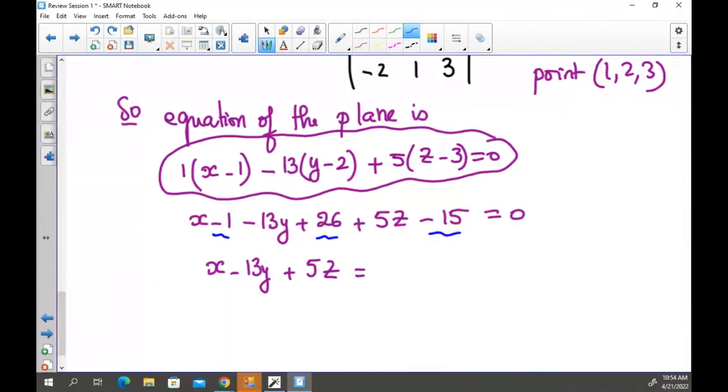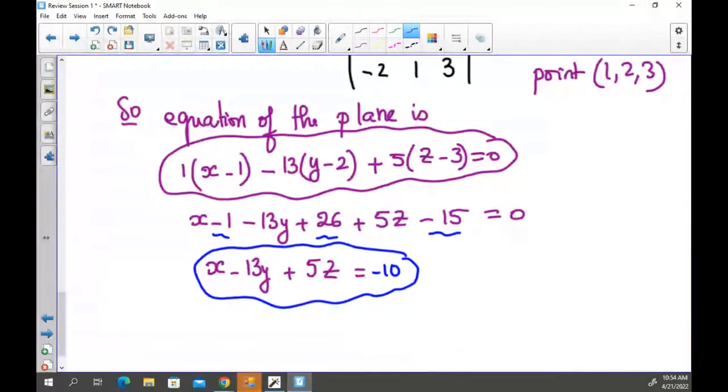I think it's 10, so it becomes minus 10. And that is the answer to this question. If you take 1, 2, 3, it should satisfy this equation: 1 minus 26 plus 15 is minus 10. Yeah, that's okay. So this is the equation of the plane.